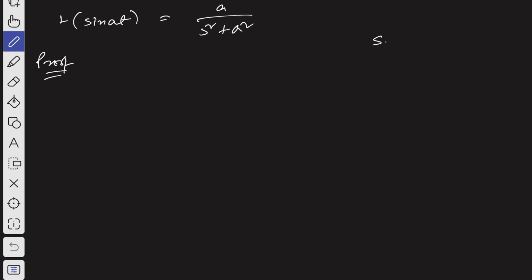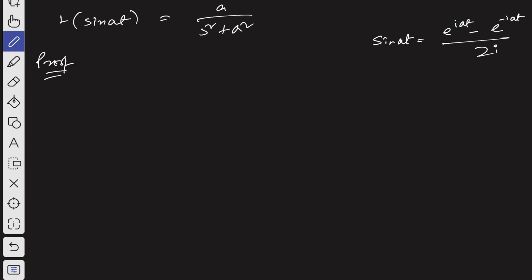Remember, sin at is e to the power iat minus e to the power minus iat, divided by twice i, not only 2. Remember these things.